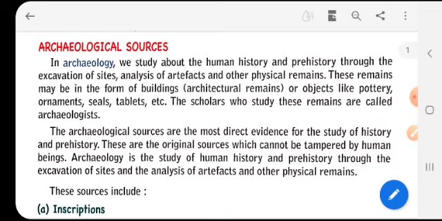The scholars who study these remains are called archaeologists. Those people who find out all these things through excavations are called archaeologists.